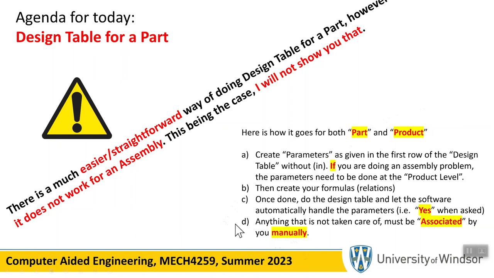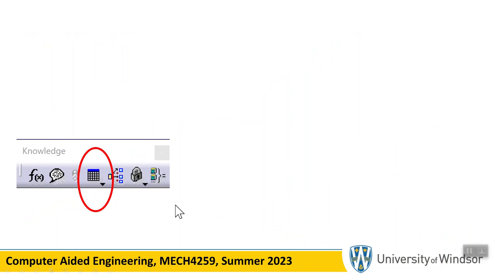And if that is the case, then you have to associate those things manually. Now, this obviously doesn't make any sense to you because you don't know what it is, but we'll get to it in a minute.